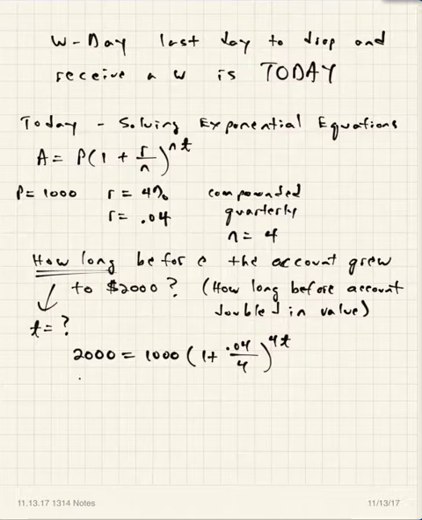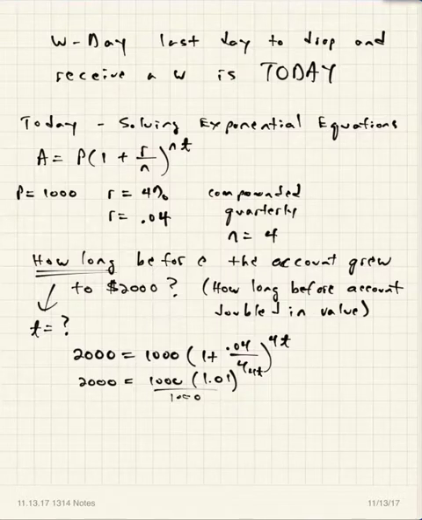Now, first of all, you could do the arithmetic. 0.04 divided by 4 is 0.01. And so then 1 plus 0.01 would be 1.01 to the 4t. And then you could divide both sides by 1,000, and you get 2 equals 1.01 raised to the 4t power.